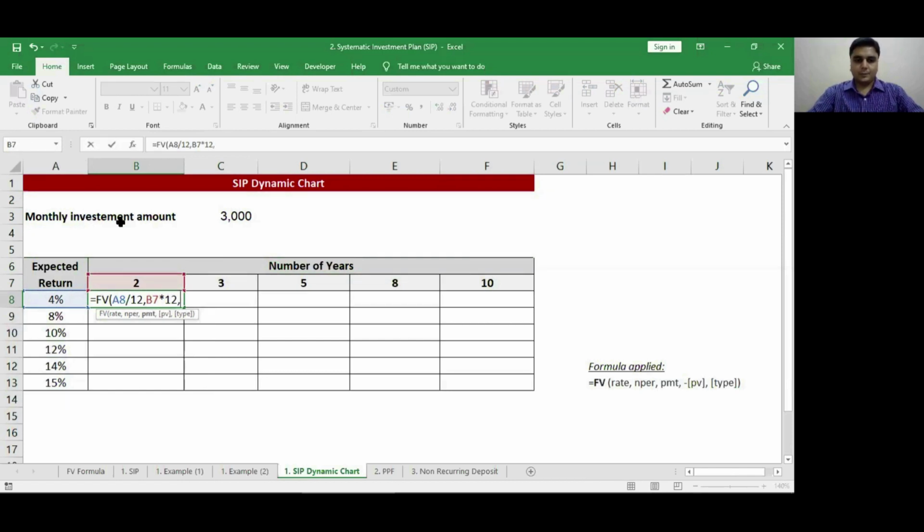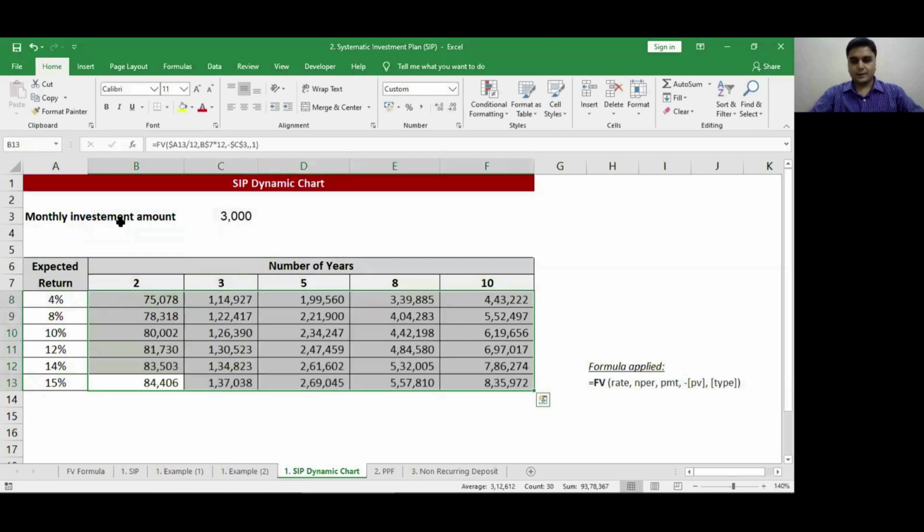Per month installment is minus 3,000. There is no present value, and the type will be in the beginning of the period. Now let me fix the rows and the columns. In this, I will fix the column. For this, I will fix the row. And for this, I will fix the entire cell.